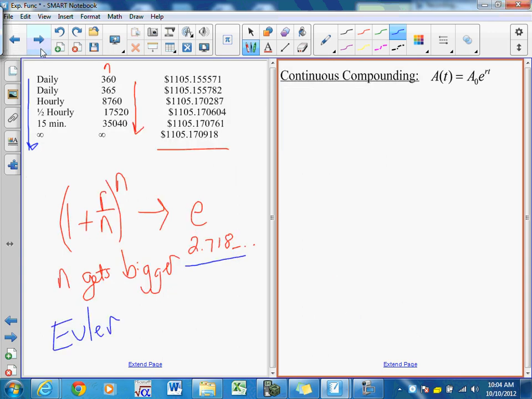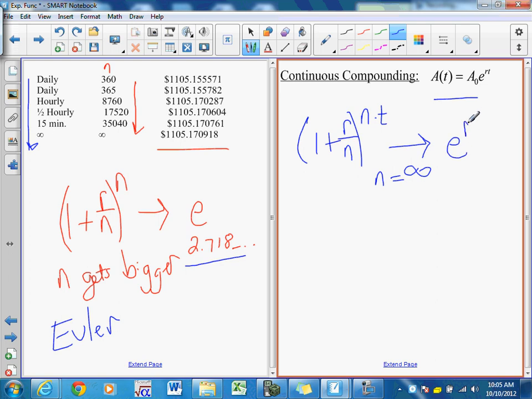What that leads us to is what's called continuously compounded interest, where we have this formula, 1 plus R over N to the NT, and we just change that as N basically equals infinity.